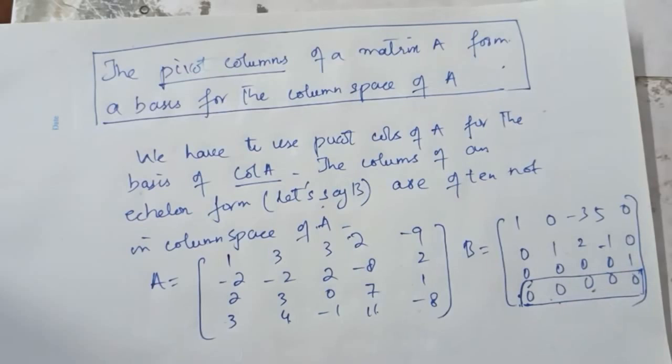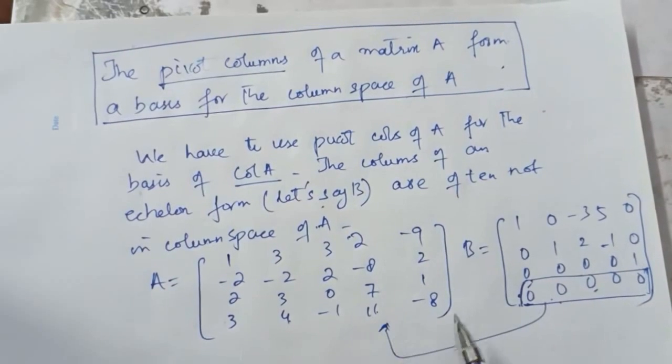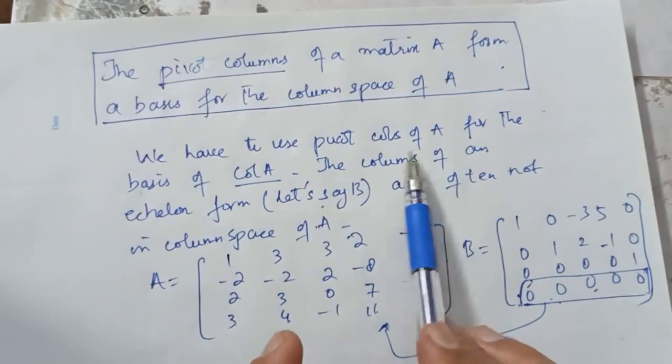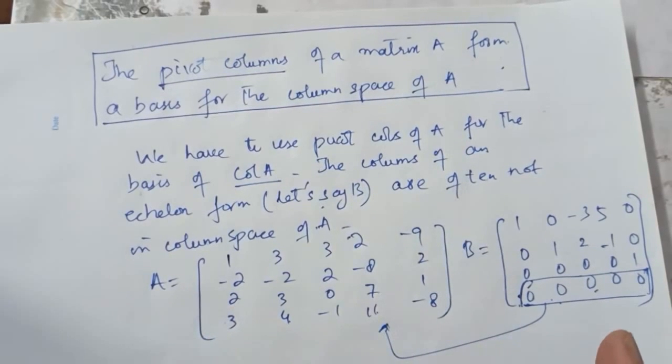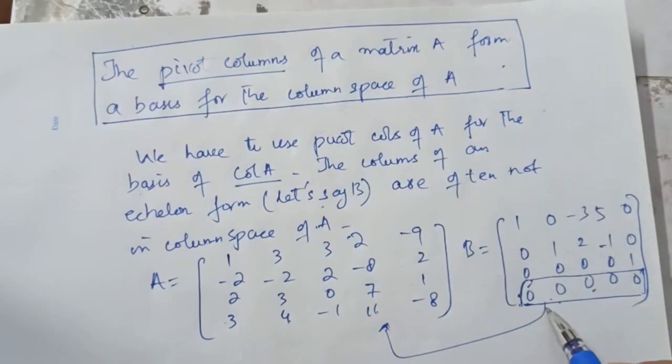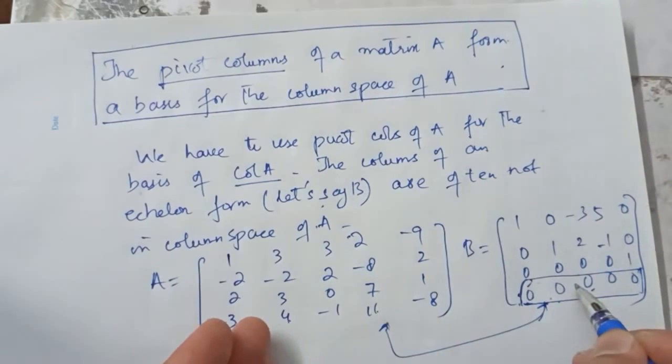So we can see here the columns of B all have zeros in their last entries, right? And it actually cannot generate A. So what you have to do is always use the pivot columns of A for the basis of the column space of A. If you use any reduced echelon form to generate the basis here, it might not be useful, because this B is the reduced echelon form of A, right?